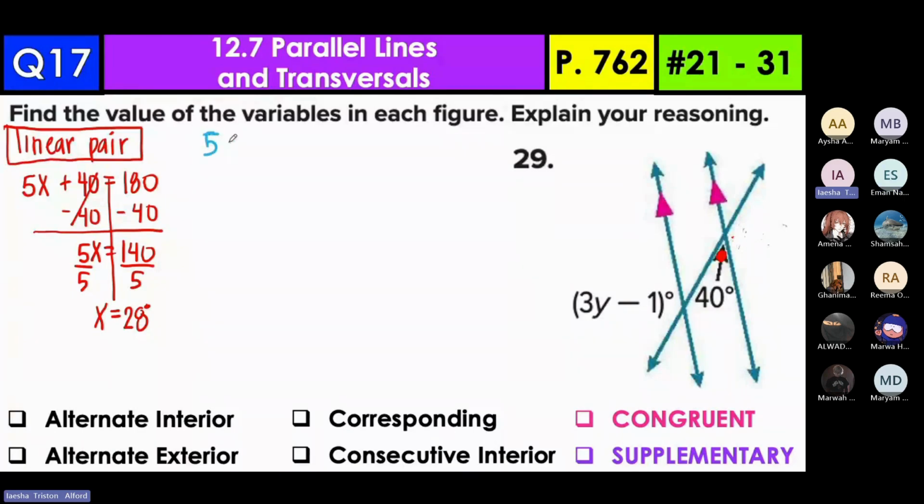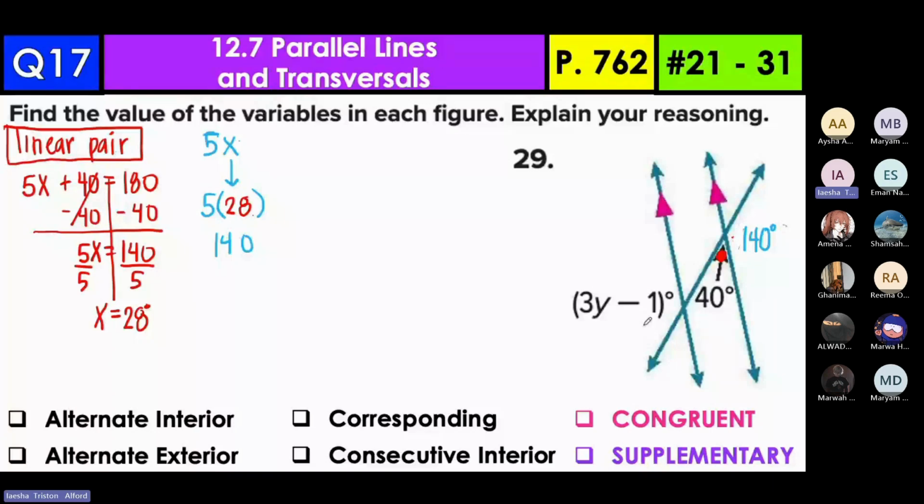So we write 5 in parentheses, and inside you write 28. Multiply, what do you get? 140. Okay. Fine. So this number should be 140 degrees.